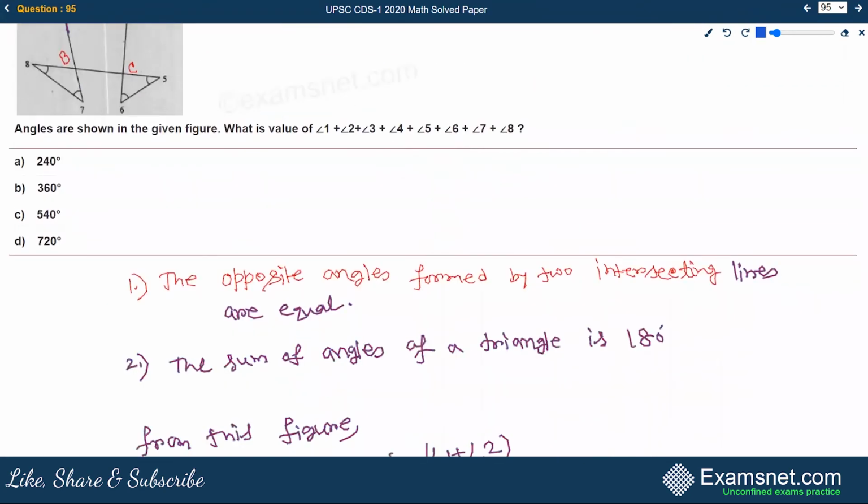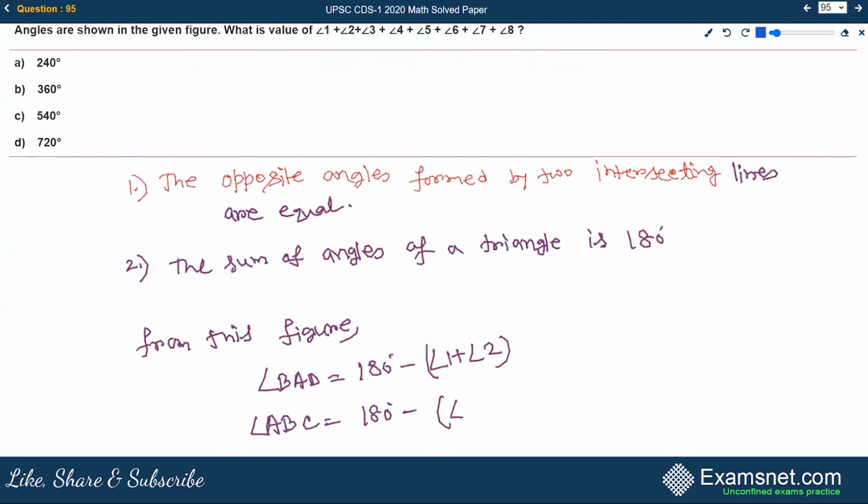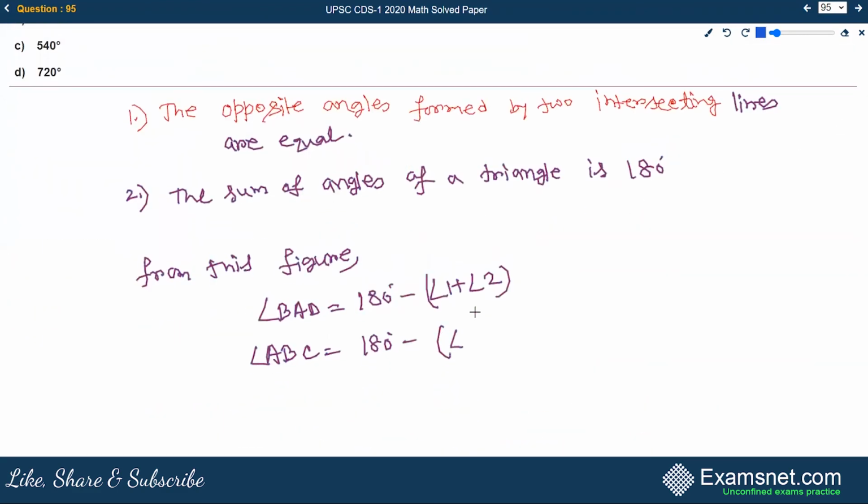Same way, angle ABC is equal to 180 degree minus angle 7 and angle 8. Okay.